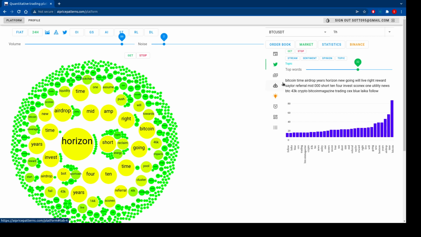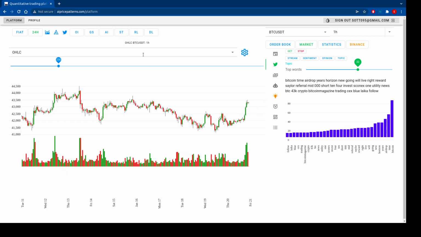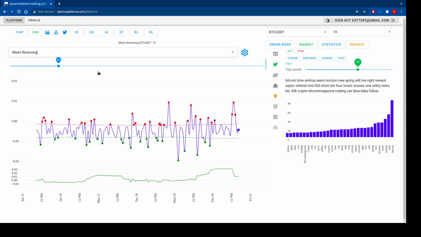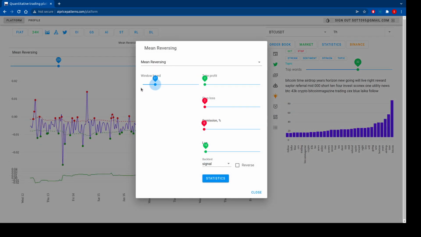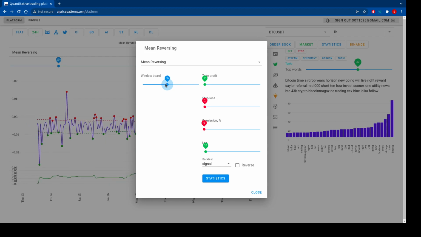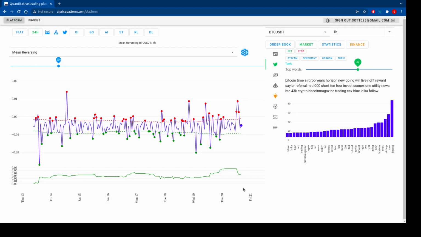Next we need to find some strategy for how to trade, for example, our Bitcoin. To do this we could use some simple strategy like mean reversion, for example, and we could optimize this strategy, and we could find some relationship that's working at this moment, and we could trade some outliers, for example like this.